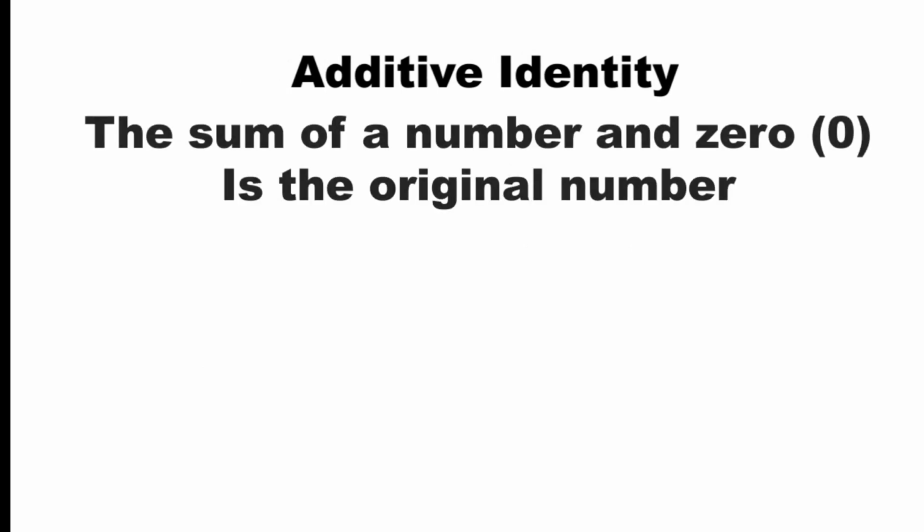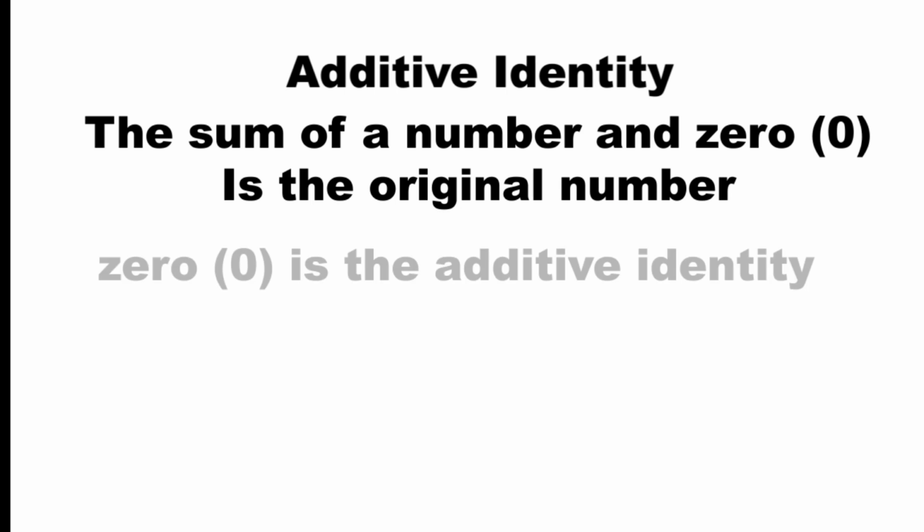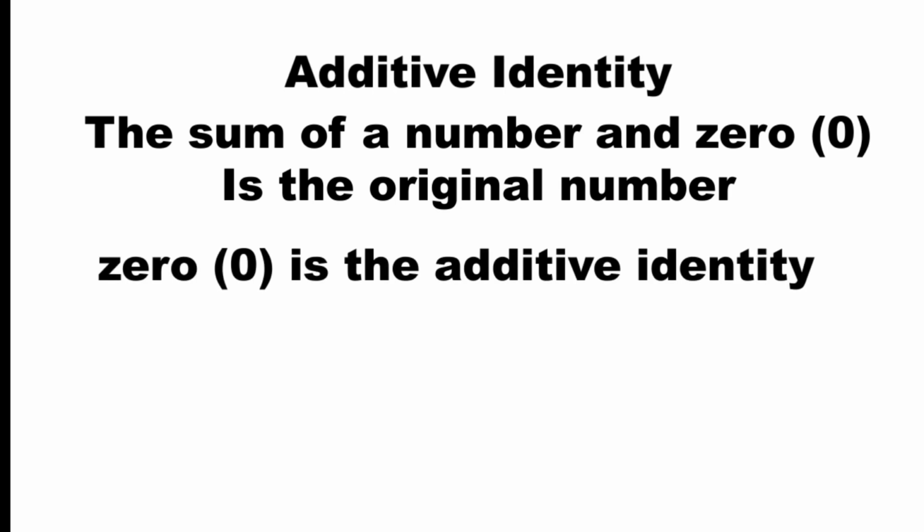The next is the additive identity. Additive identity states that the sum of a number and 0 is the original number. So the answer is still the original number. So example, 0 is the additive identity, meaning back to the original number.